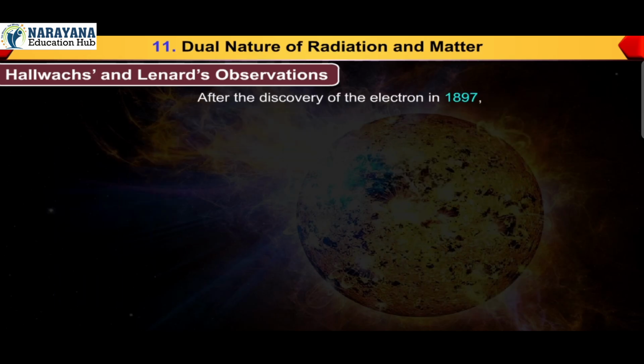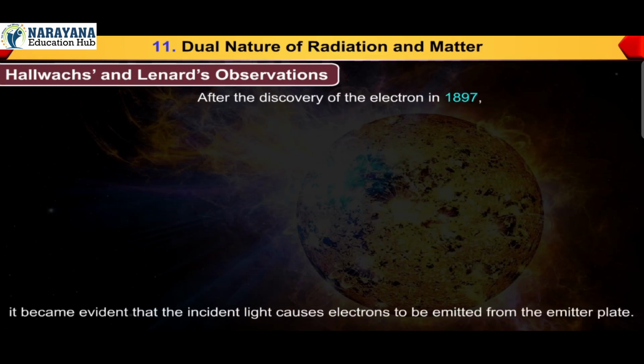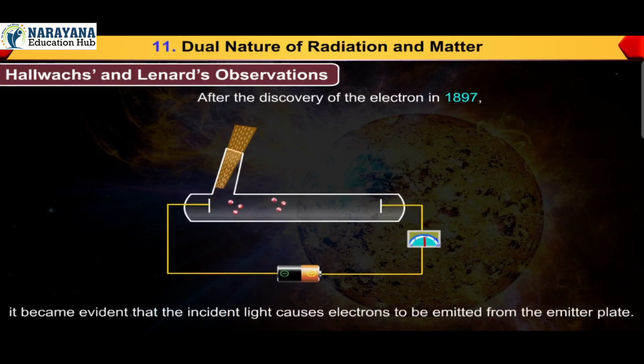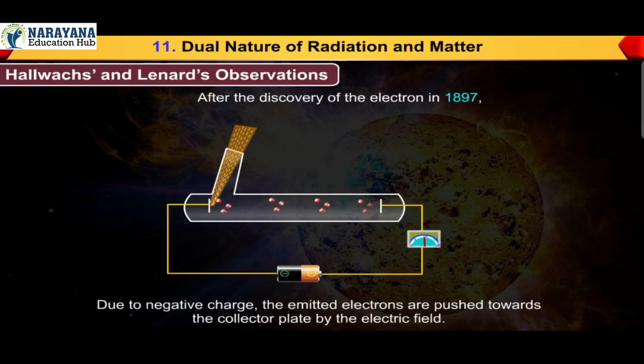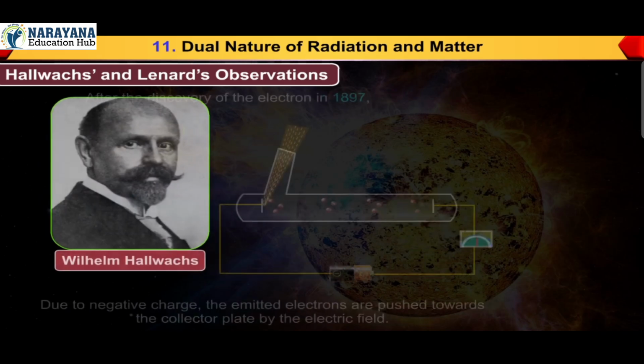After the discovery of the electron in 1897, it became evident that the incident light causes electrons to be emitted from the emitter plate. Due to negative charge, the emitted electrons are pushed towards the collector plate by the electric field.